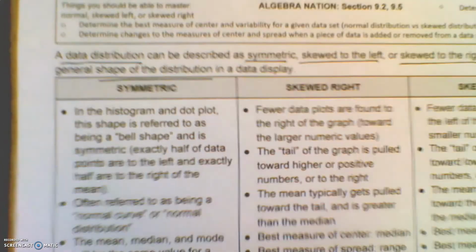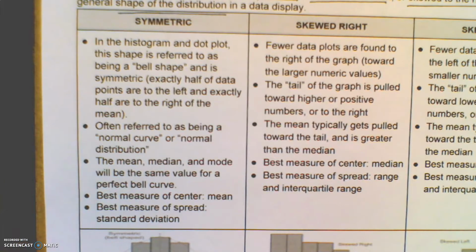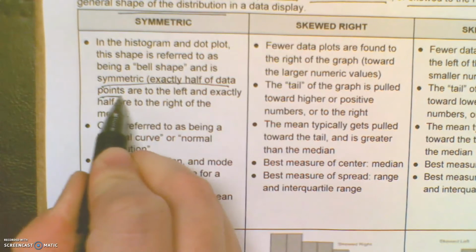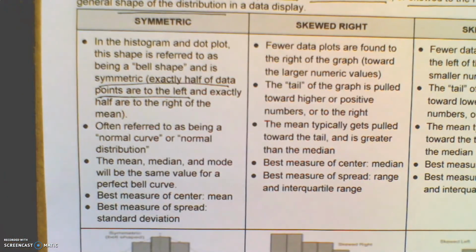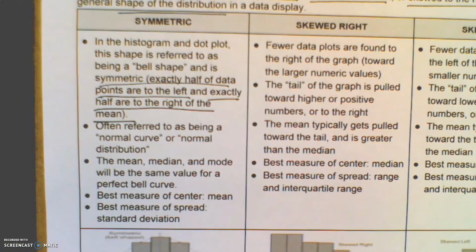Starting with symmetric. In the histogram and dot plot below, this shape is referred to as a bell shape and is symmetric, which means exactly half of the data points are to the left and exactly half are to the right of the mean.